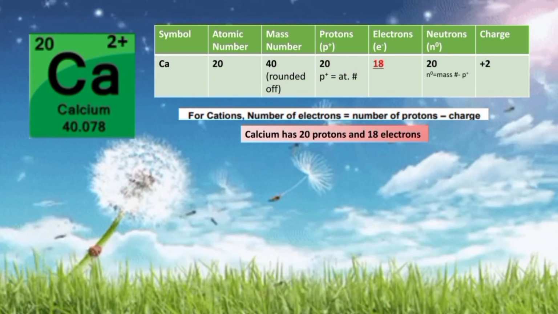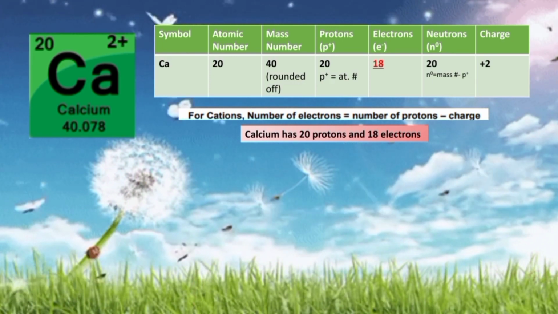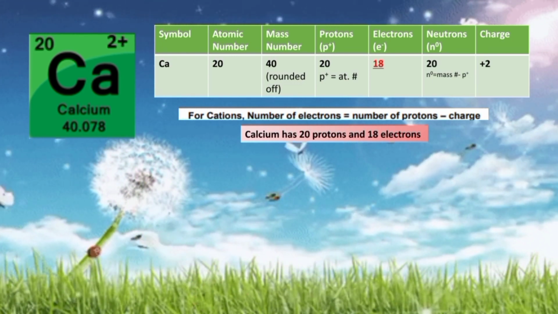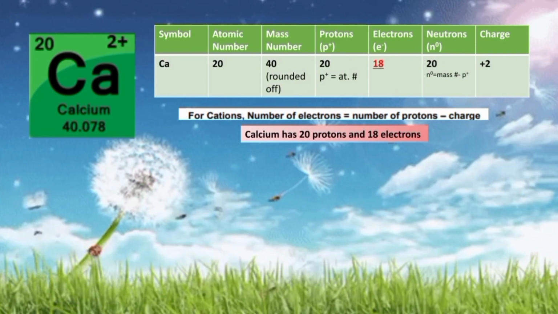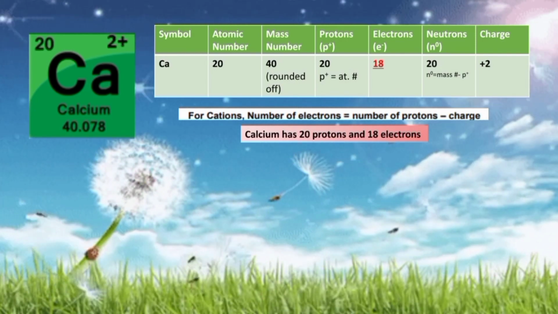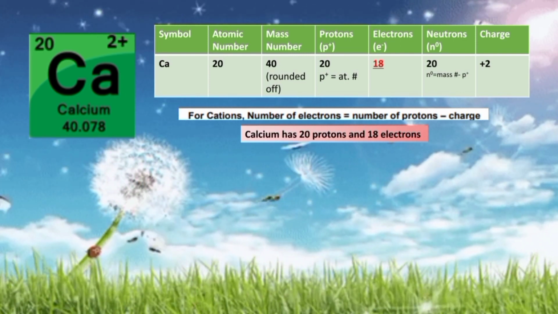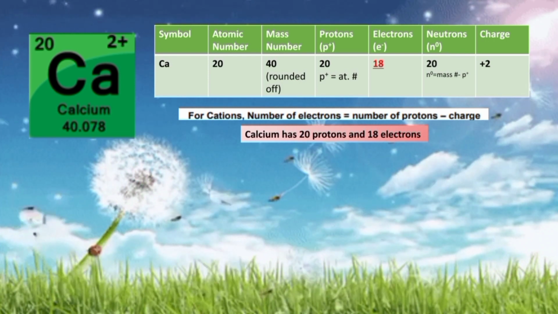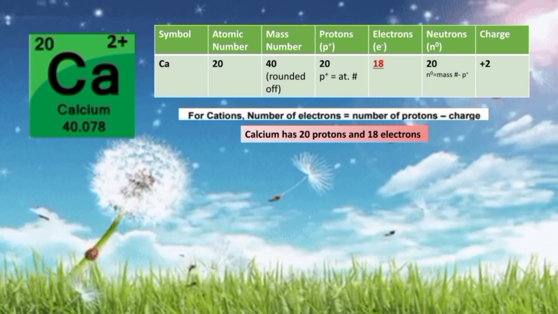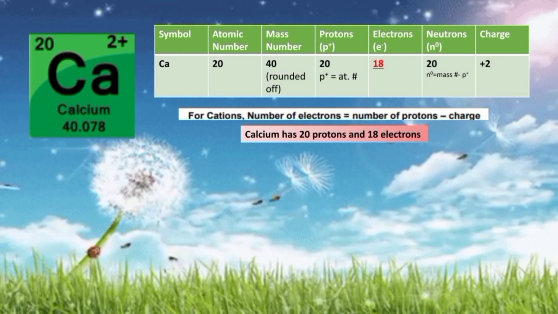Bakit nagkaroon ng 20 protons and 18 electrons? Kasi nga, sabi natin, to get the number of electrons, number of protons. Ilan? 20. Tapos, yan ay positive charge, di ba? So, yung positive charge, gagawin natin siyang minus. Operation na siya, hindi na siya symbol. So, minus, tapos charge. Ano yung charge niya? 2. So, yun yung ilalagay mo dun. 20 minus 2 equals 18.